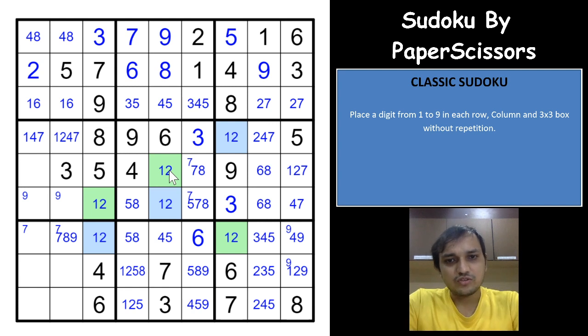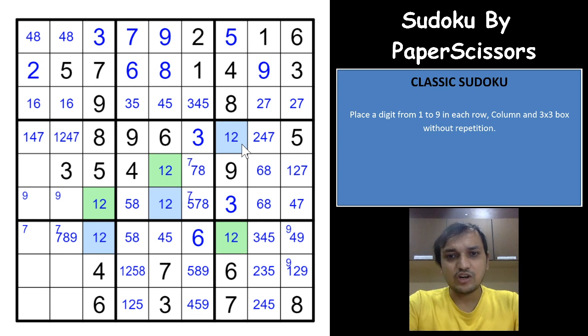Oh wow, that is awesome. There are digits that we can actually eliminate using the remote pairs. You have A, B, A and B. So which means that cells seeing both the colors simultaneously. There are a few white cells that are seeing both the colors simultaneously, green and blue cells simultaneously.